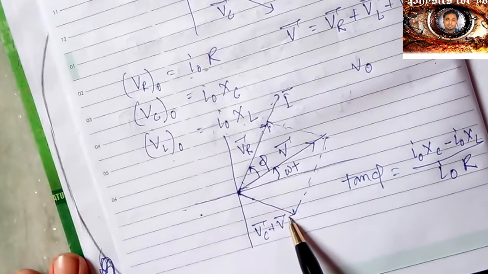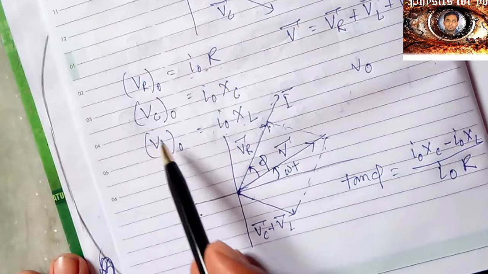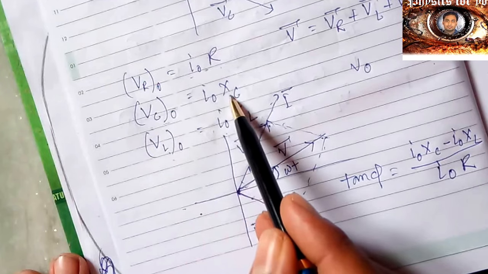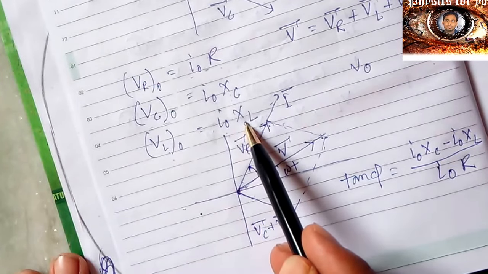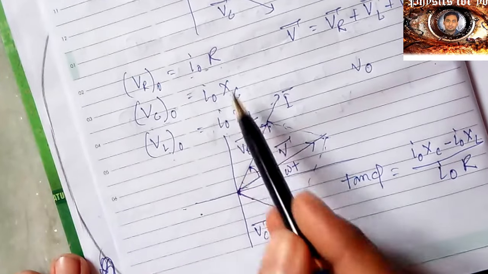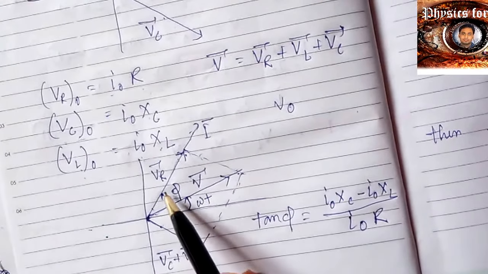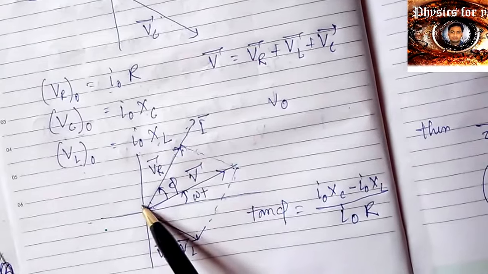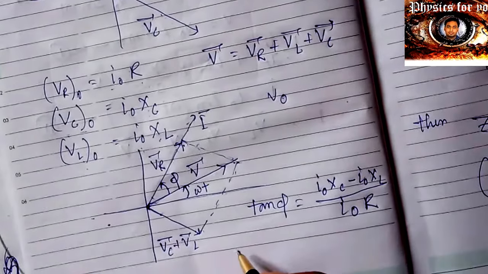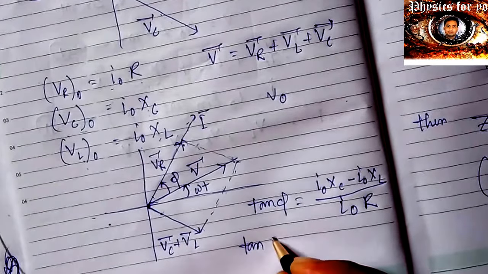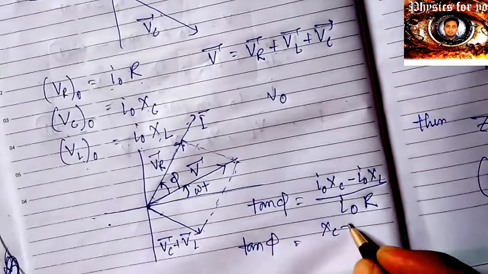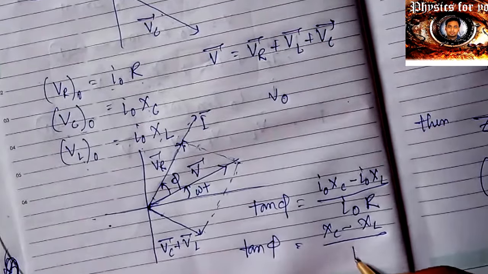So this length is VC0 minus VL0, that is I0 XC minus I0 XL, and this length is I0 into R. And tan phi equal to perpendicular by base. So we have tan phi equal to XC minus XL by R.